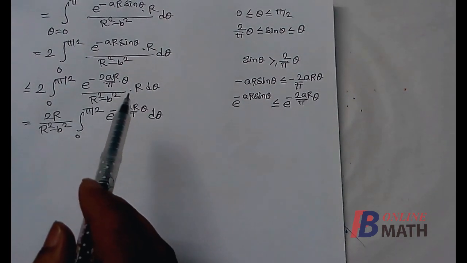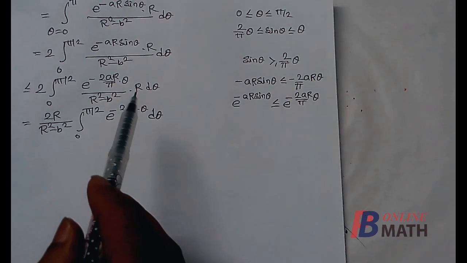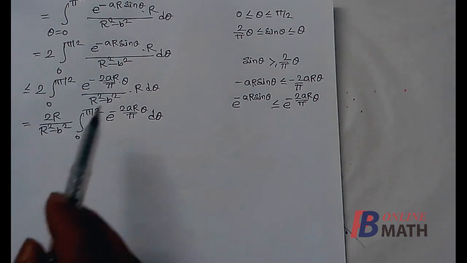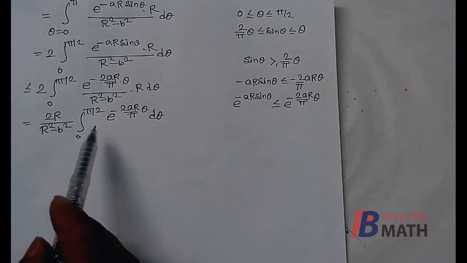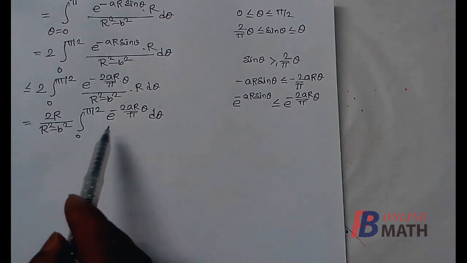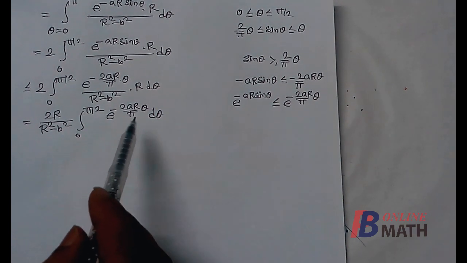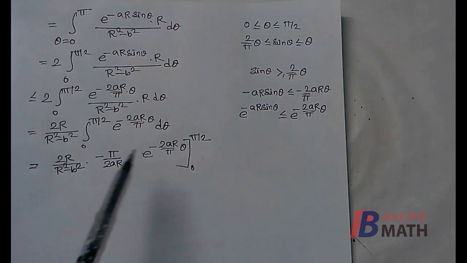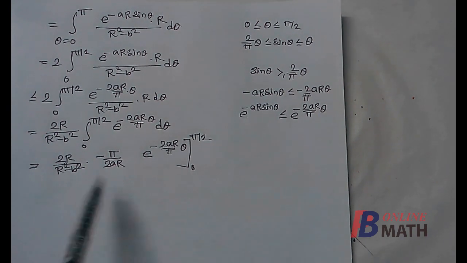Now R is independent of theta, so we can take this R by R square minus b square outside the integral. So the integral becomes only e to the power minus 2 a R by pi into theta. So we can easily integrate this, and after the integration it becomes this.